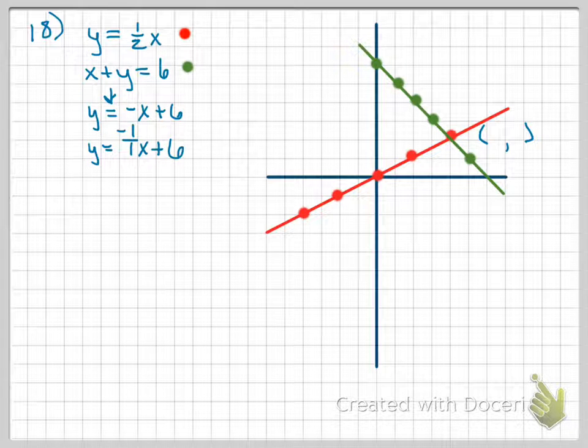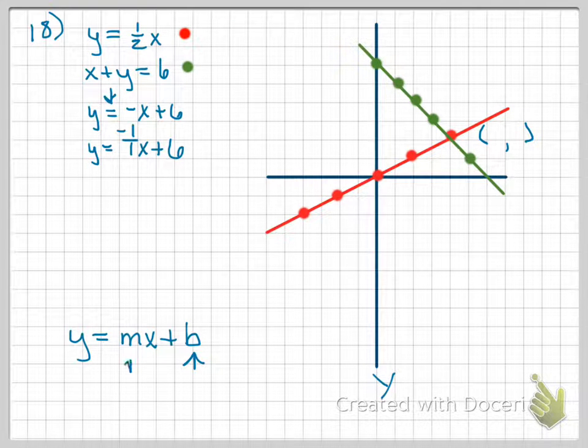Our standard form is y equals mx, or ax, whatever letter, plus b. And we know this will tell us where it crosses the y-axis, and this tells us our slope, how it's going to run and rise, or rise and run. And it's really rise over run.